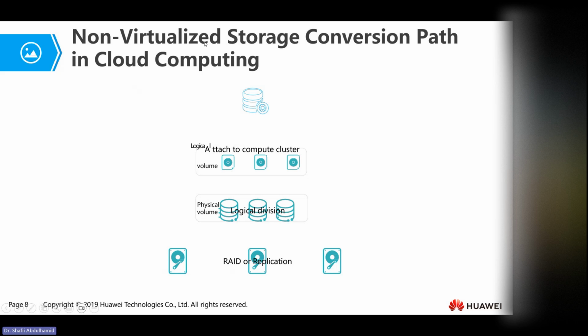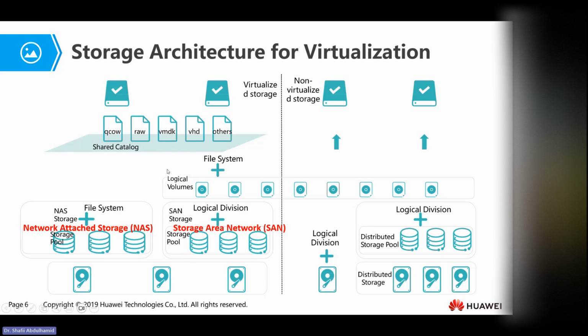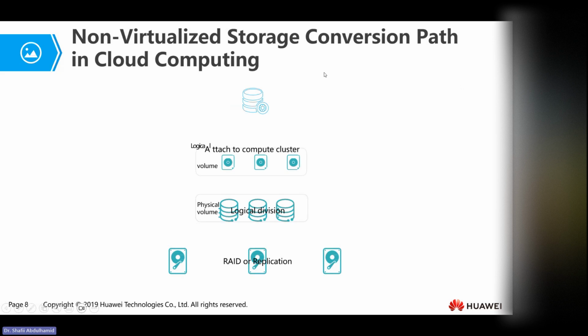For the non-virtualized storage conversion part in cloud computing, basically what we are trying to do is give additional information to what we explained here. For this section, it's explained in the next slide. This section is also explained again in the other slide. So non-virtualized also uses either RAID or replication at the lowest level, and then it goes on to create what we call the physical volume and the logical volume, which are mostly clustered, based on cluster computing.